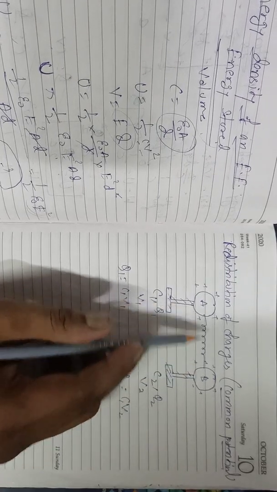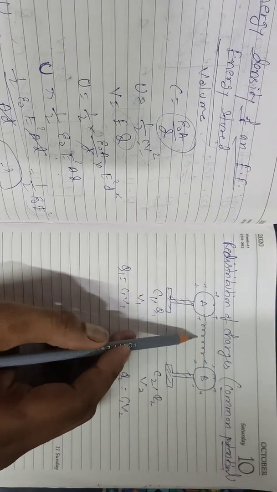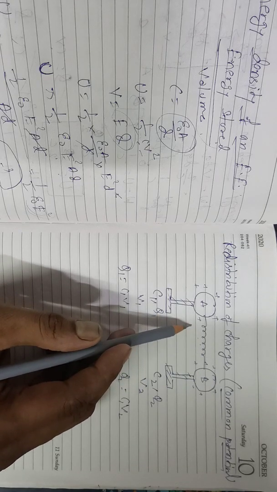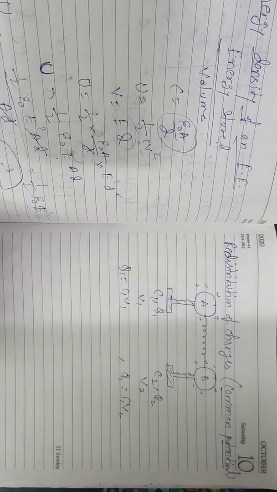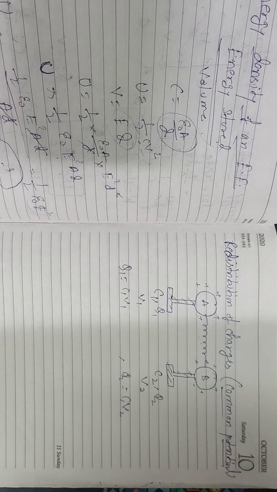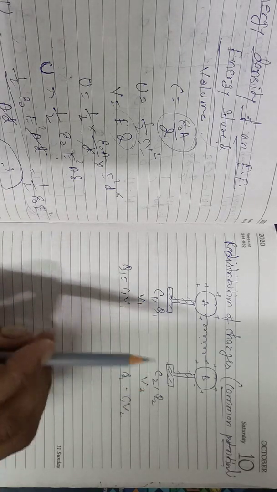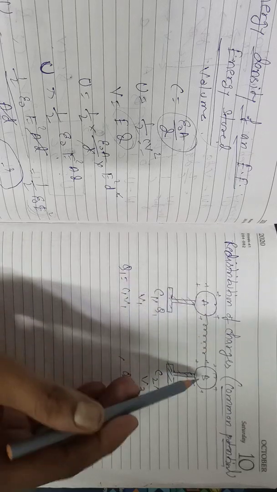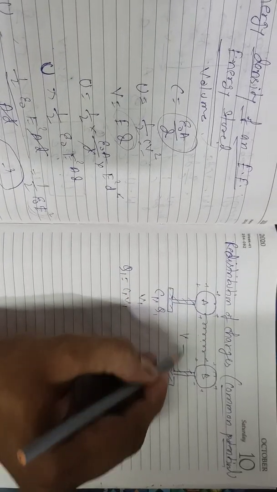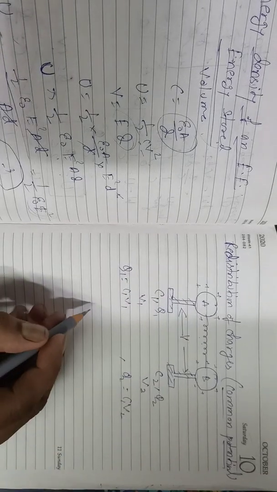When the two conductors are joined by a thin conducting wire, positive charge will flow from the conductor at higher potential to the conductor at lower potential, because it is the tendency of charge to always flow from high potential to low potential. This flow of charge will continue till the potential of both conductors becomes the same. Let the common potential be V.